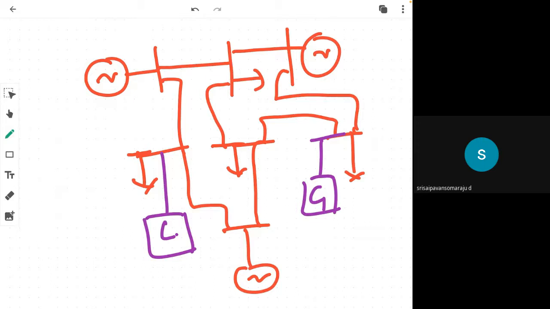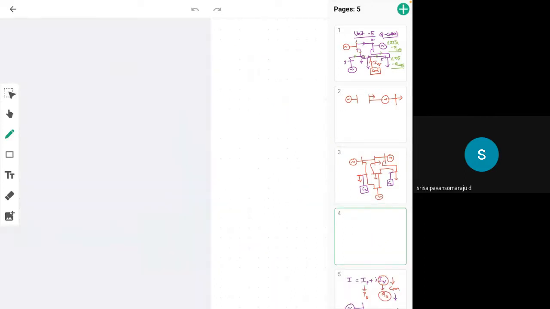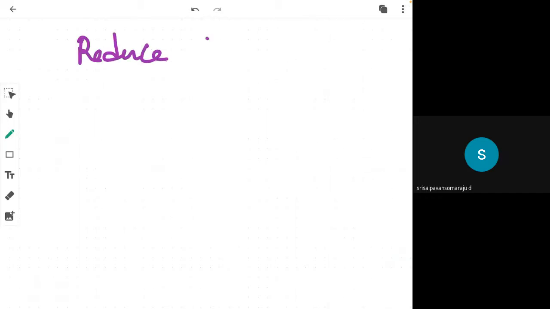Many of the compensators can be connected, C1, C2, etc. So by having that kind of compensators, you can reduce QD, the reactive power requirement of the power system.